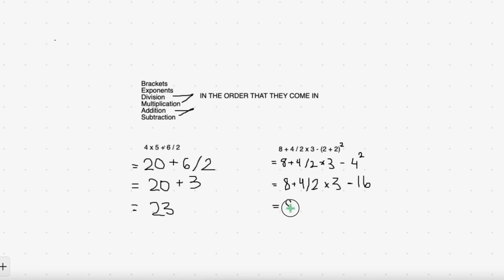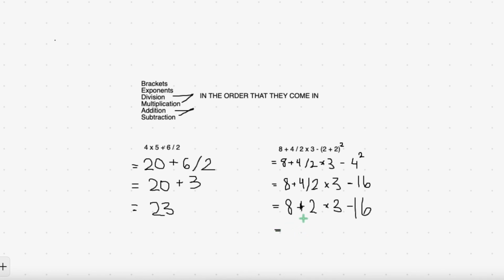We have 8 plus 4 divided by 2, and 4 divided by 2 is 2. Then we just carry down everything else: times 3 minus 16.